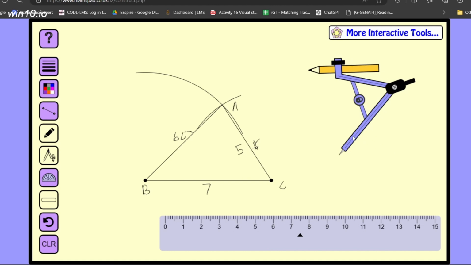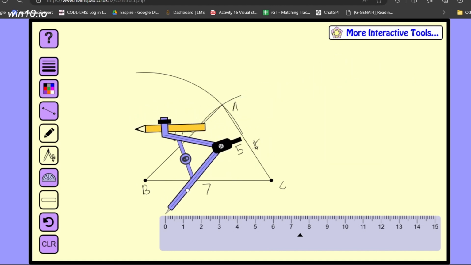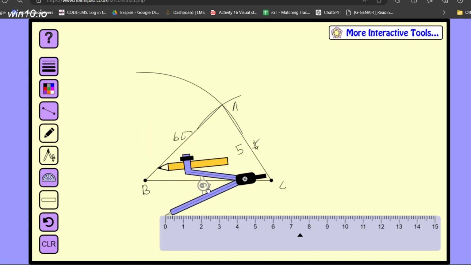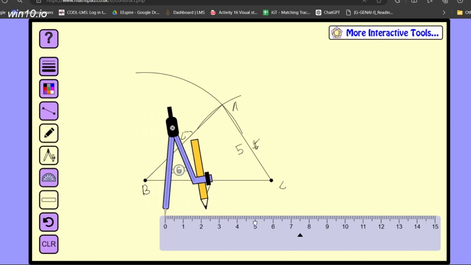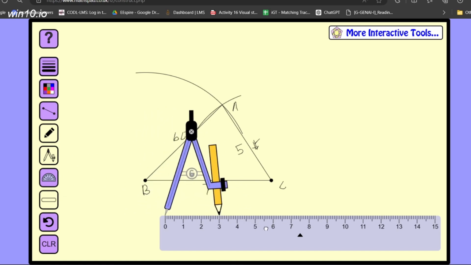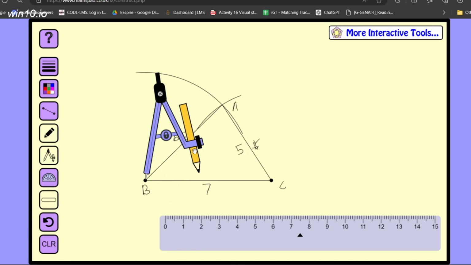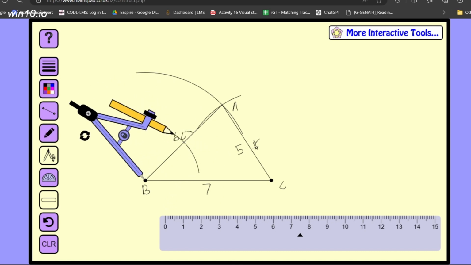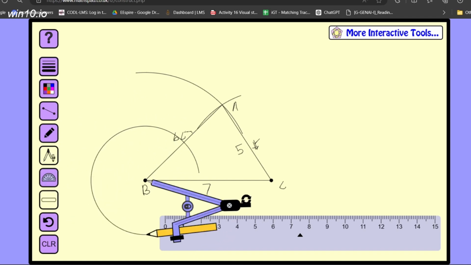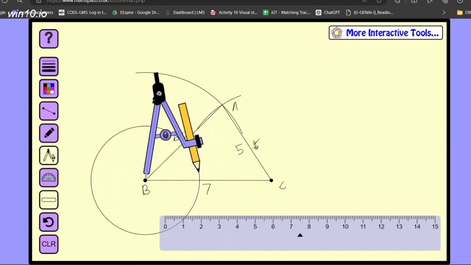So we can draw that also. Put the compass needle here and get 3 centimeters to the compass. Then put the needle in the B point. Draw the locus.